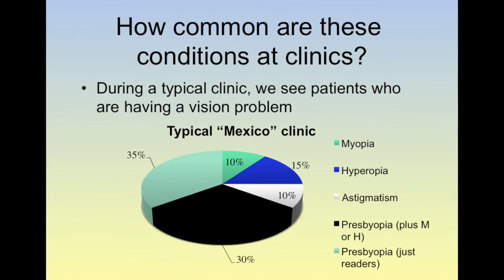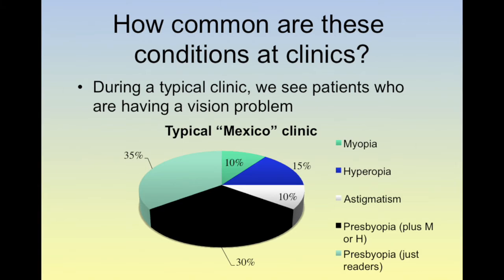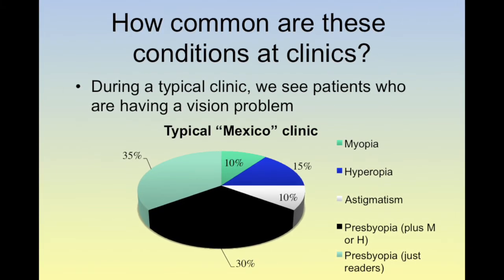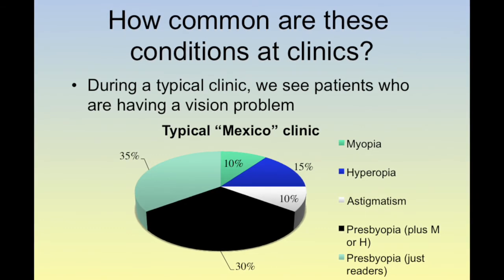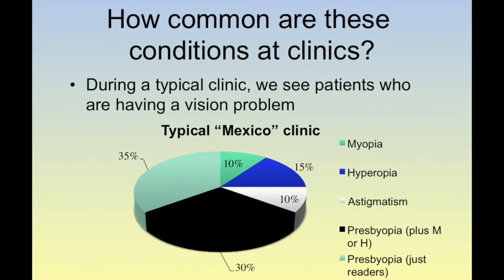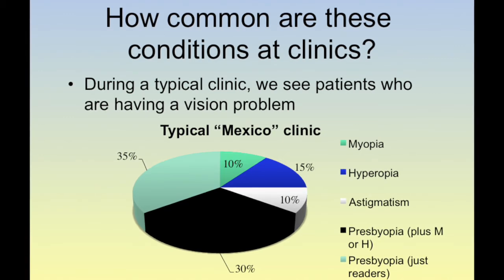So they need something to see near, but they also may need something to see far away. So those patients would need bifocals. About 10% of patients are going to have astigmatism. About 10% are going to be myopic, and about 15% are going to have just plain hyperopia without presbyopia. And this is sort of typical numbers for a Mexico clinic.